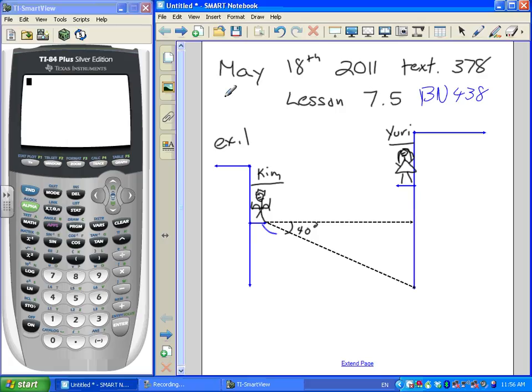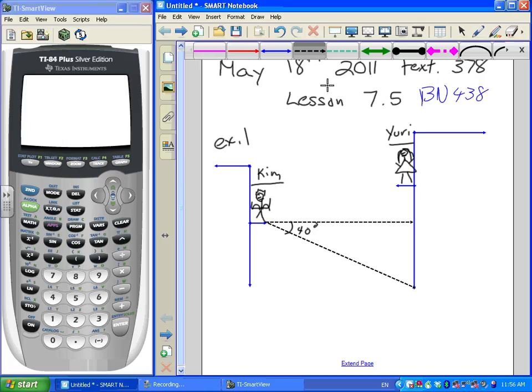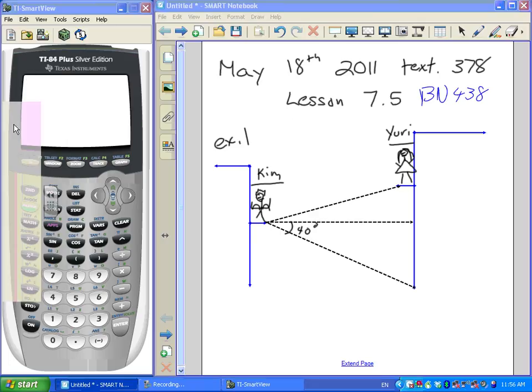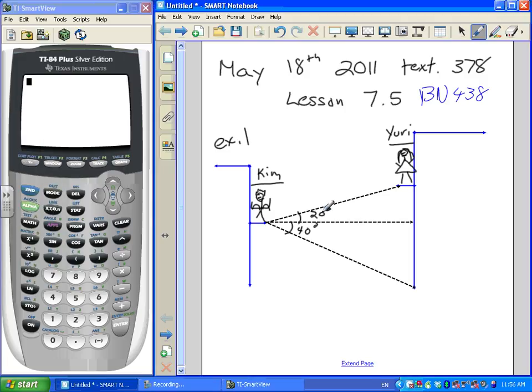The next part says an angle of elevation. The angle of elevation from Kim's balcony to Yuri's balcony is 20 degrees. Okay? So, angle of elevation, exact same idea. Horizontal line, but this one is heading up.